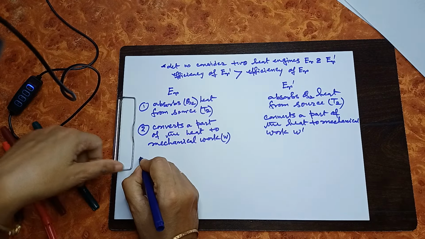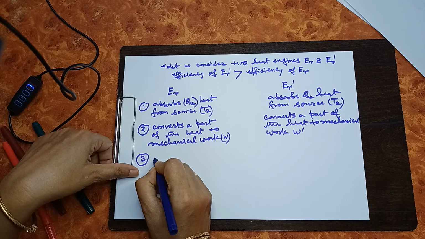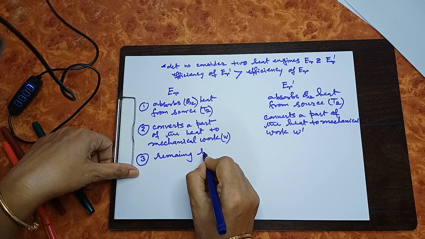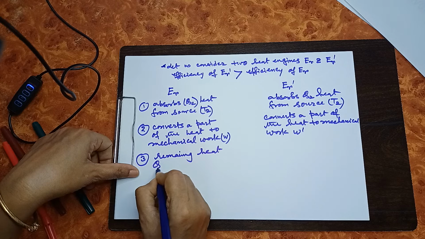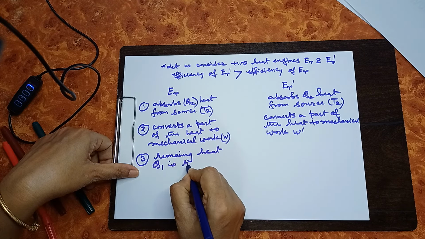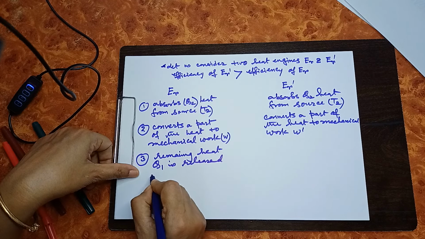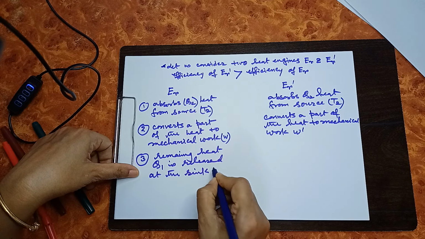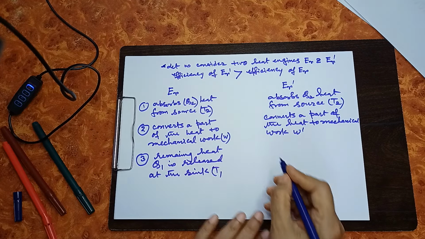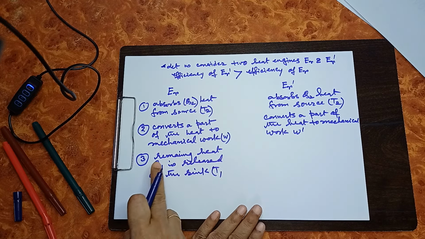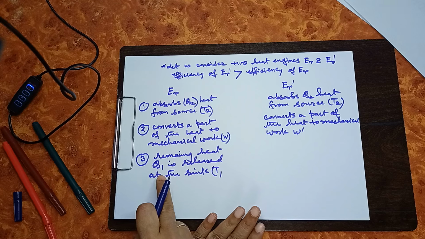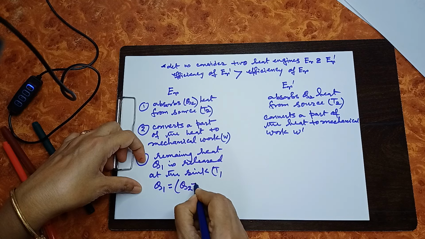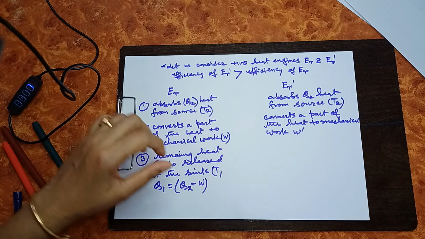Okay. Now, what is the third point? Remaining heat. What is the remaining heat? Q1 is released at the sink. Sink temperature is T1. And here, remaining heat means Q1, and that is equal to Q2 minus this W. Okay.